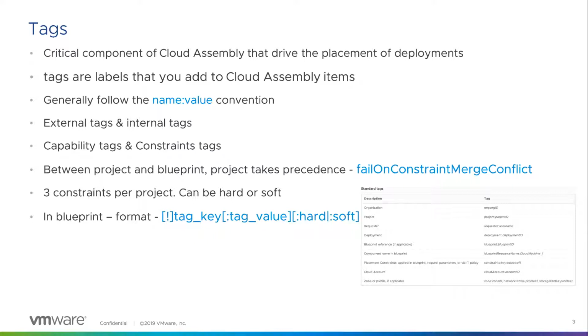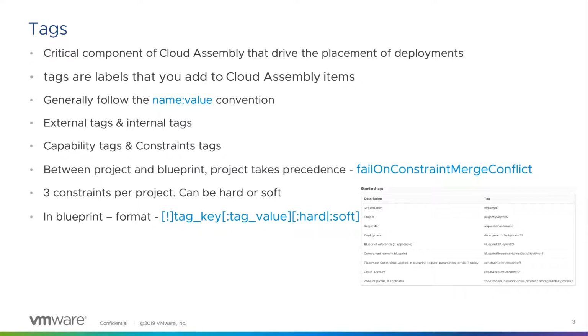Now, depending on the nature of the tags, you can categorize them into capability tags and constraint tags. Capability tags are like, you have this capability, you have these 4 CPU servers, this much storage, this is the networking that you have. These are the capabilities that you have. And then constraints are, for example, I want to put this virtual machine on this location only.